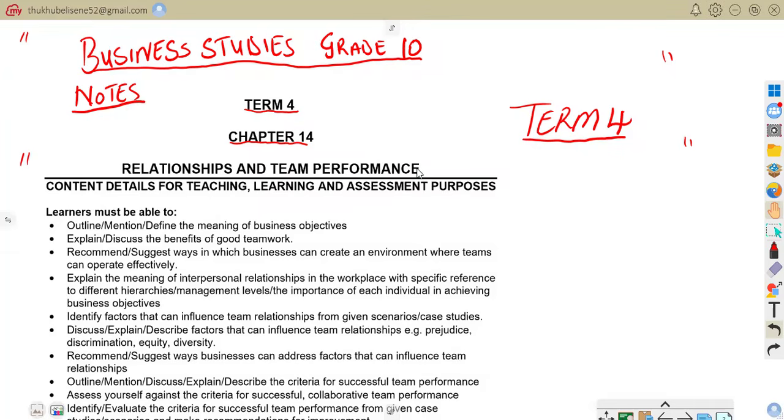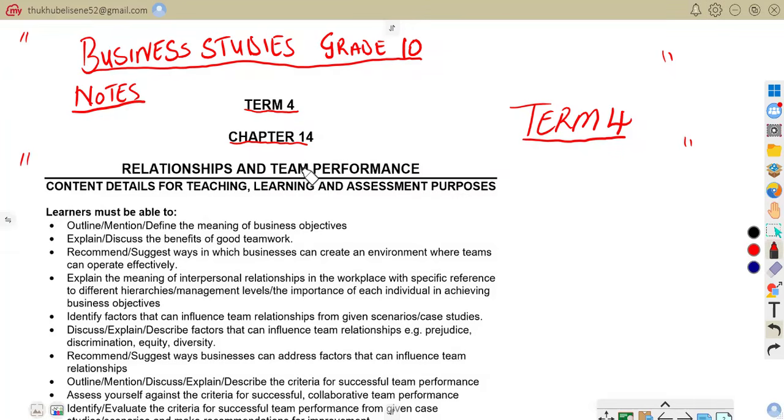I want us just to welcome you to Math Zone African Motives, where today we look at Business Studies Grade 10. We are going to do Chapter 14, which is Relationships and Team Performance.